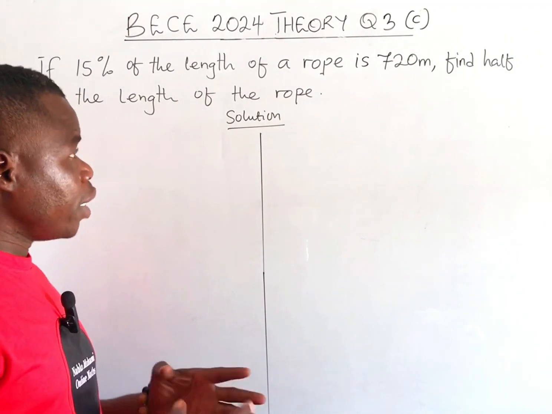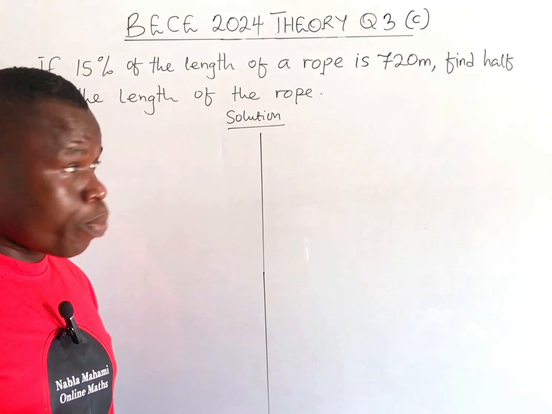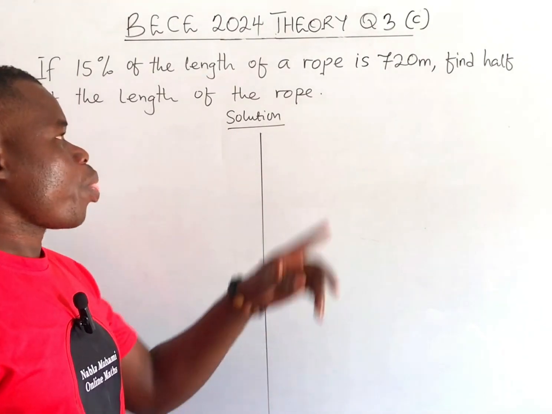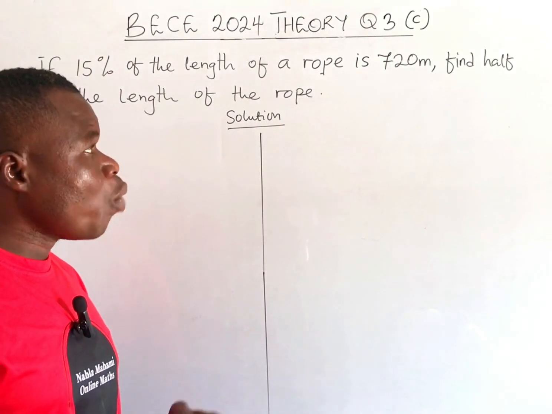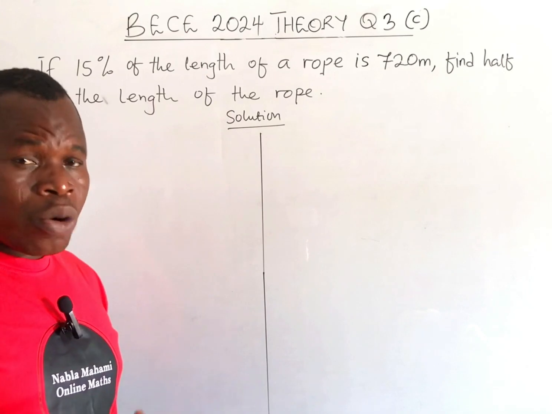This question is saying that there is a particular rope. We don't know the length of the rope, but 15% of the rope is 720 meters. That we should find half of the length of the rope.